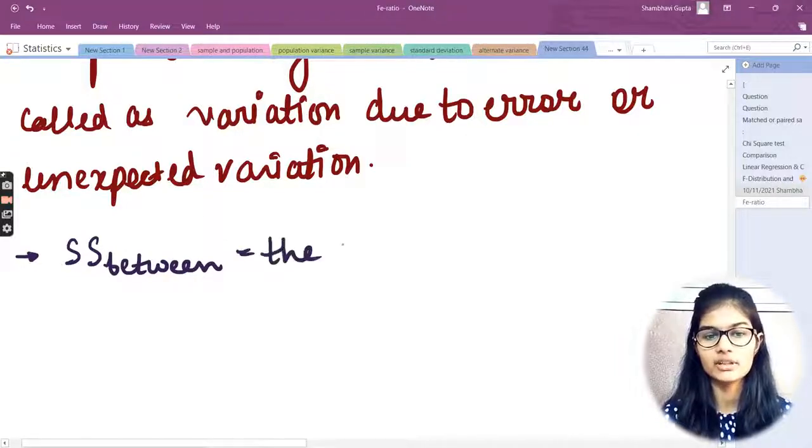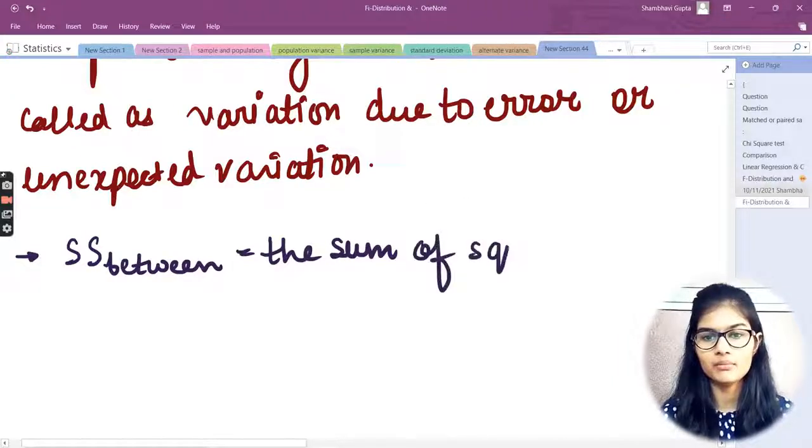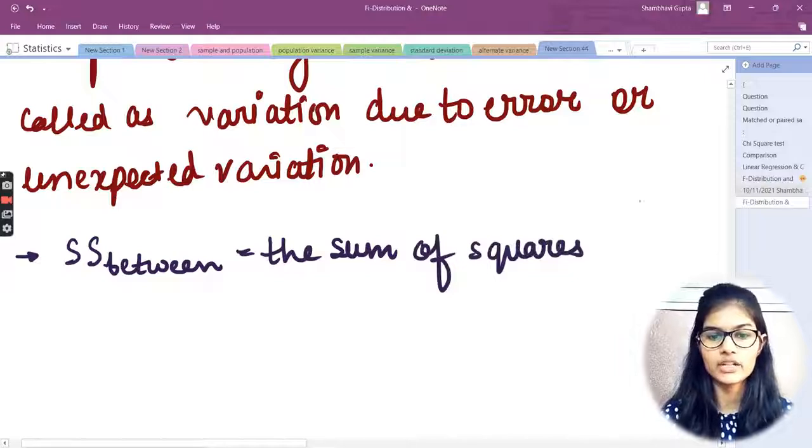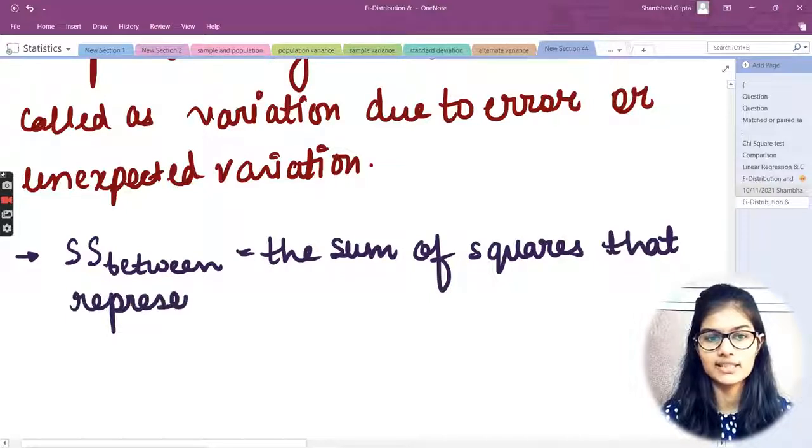So into that we have the sum of squares that represents the variation.